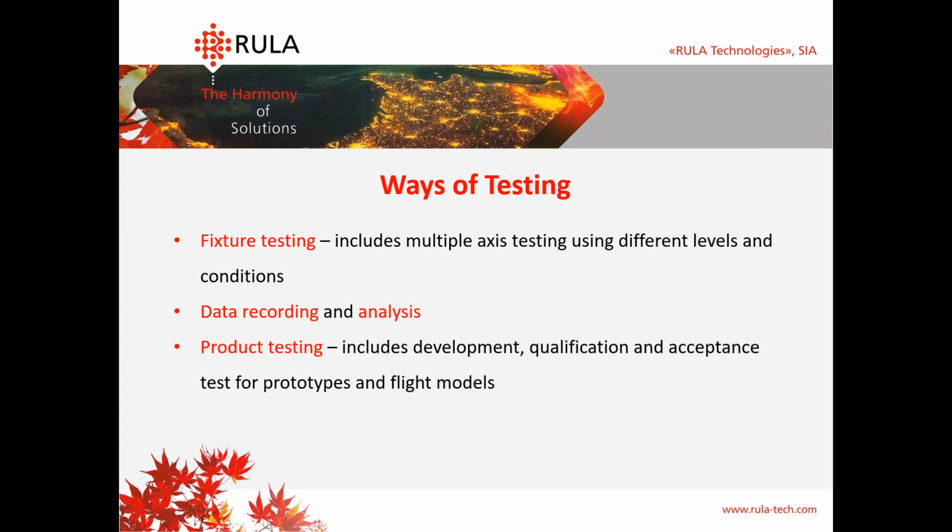In that case, we need to include multiple axis vibration tests. For example, we have in RULA multi-shaker tests, and we need to test our object at different levels. By levels, I mean the vibration load and amplitude levels in our software and different conditions.